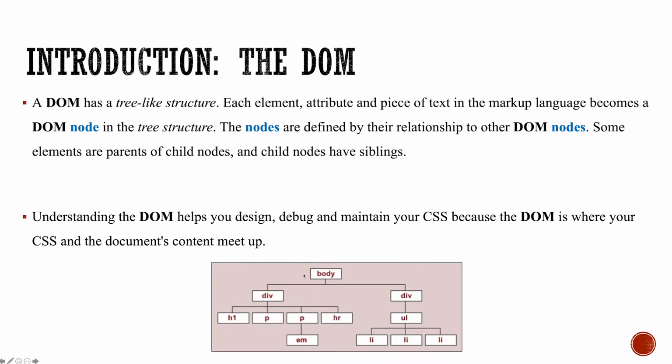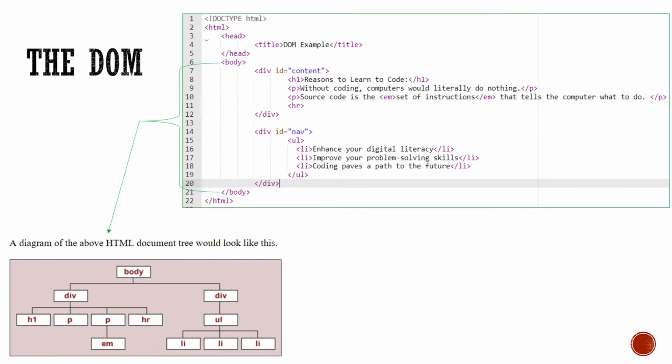It becomes a tree of its own, a tree of body, and then, for example, I'm using div tags, and inside the div tag I'm using h1 for the header and a paragraph. So it creates a DOM itself. All of the elements become a DOM. This is how to translate the tags into the DOM.